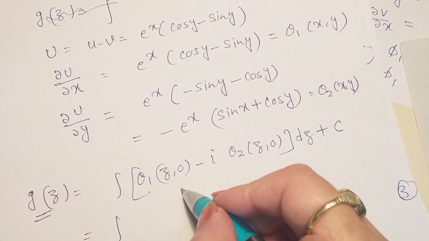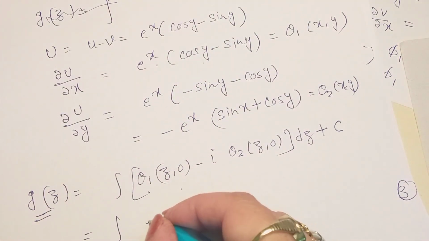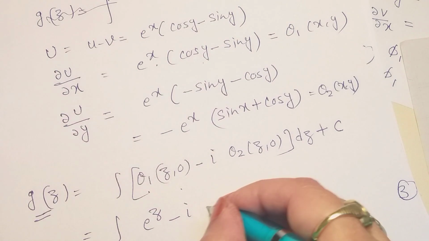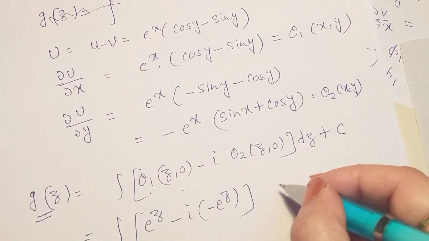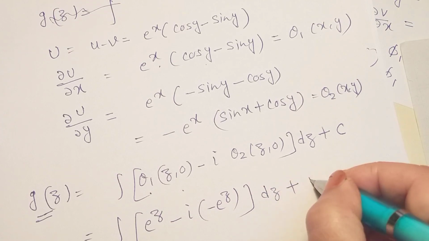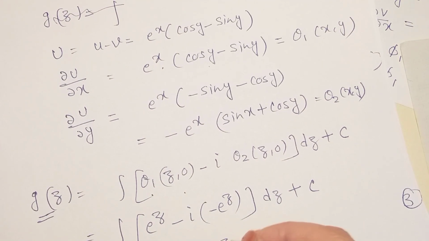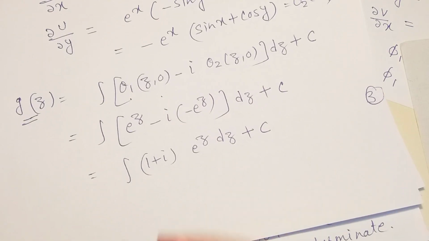So put the values here. Theta 1 (z, 0) means put x is equal to z and y is equal to 0. Then we'll get e to the power z minus iota, here we get minus e to the power z, dz plus c, or 1 plus iota e to the power z dz plus c.